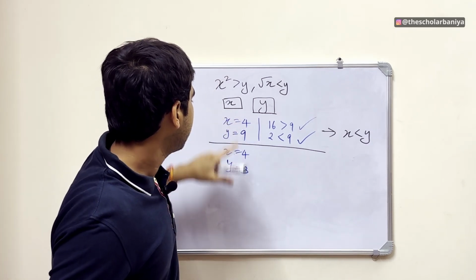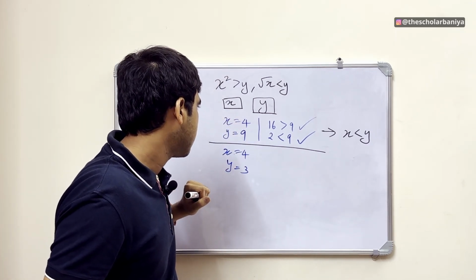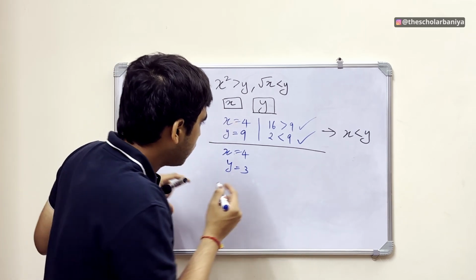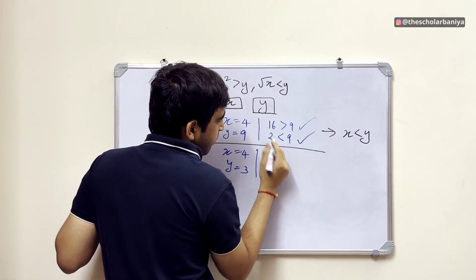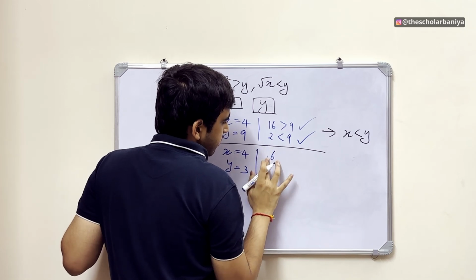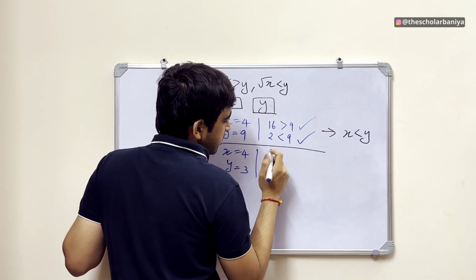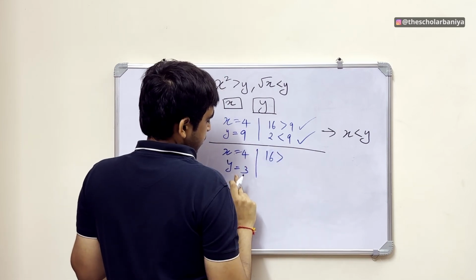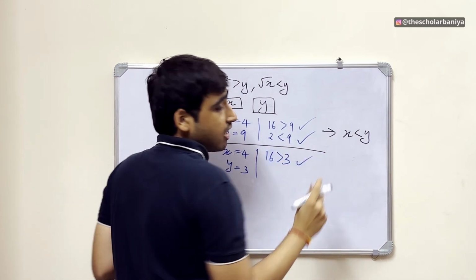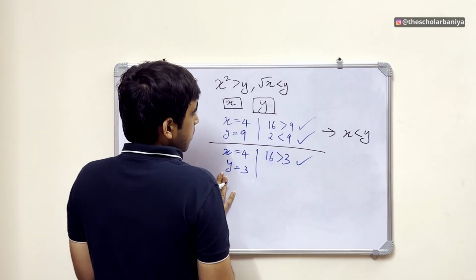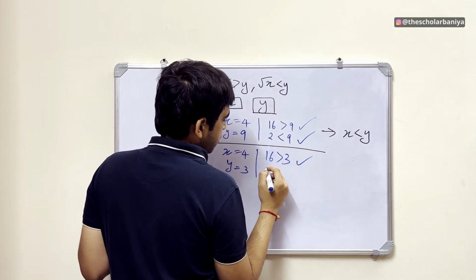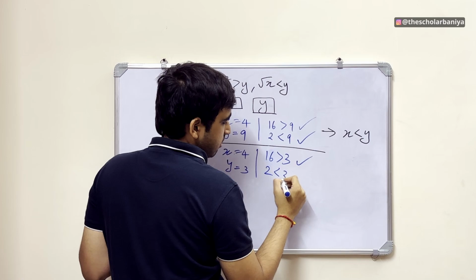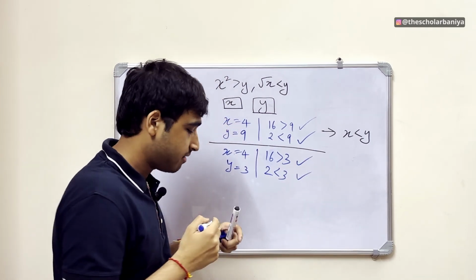So x square is greater than y. x square, which is 16, is greater than y, which is 3. Absolutely right. Root x, which is 2, is less than y, which is 3, which is absolutely right again.